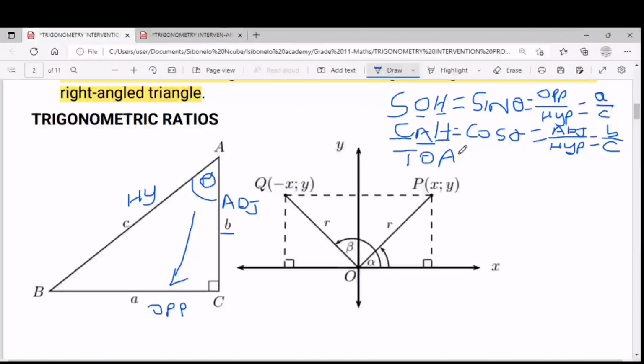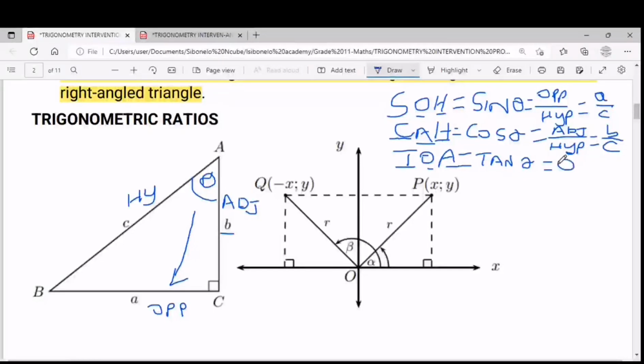All right, then the last one here is tan. So we are using the tangent function. So tan theta, its ratio is opposite over adjacent.